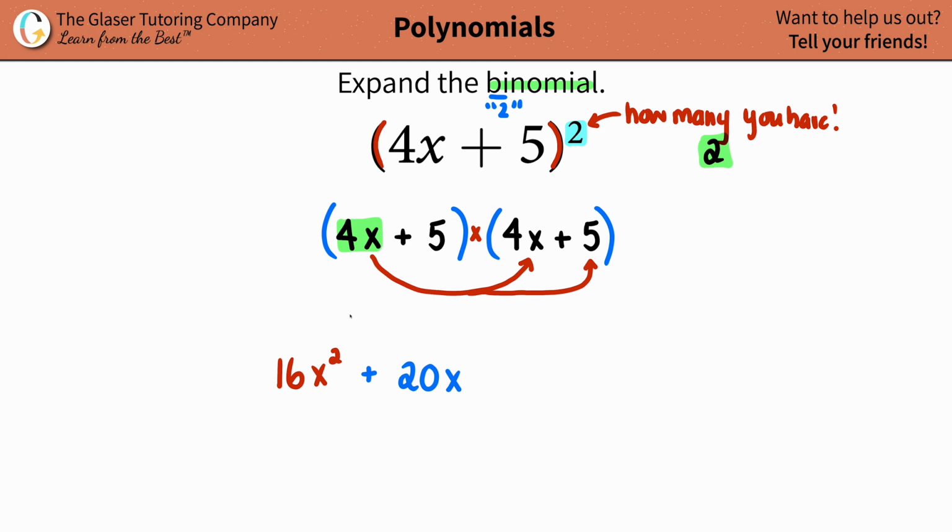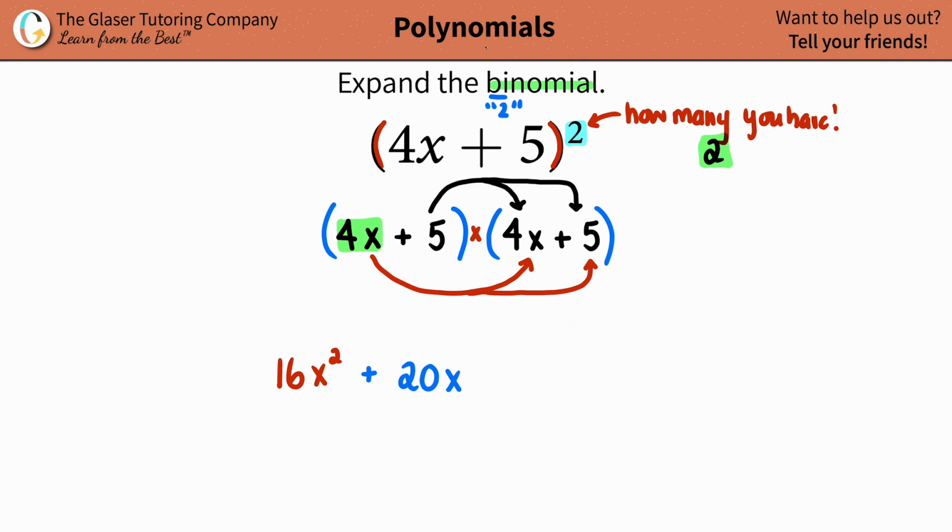Now let's work on the second term. I'm going to take this 5 value, and I must be fair. I'm going to multiply across the pond, across the parenthesis. I'm going to take that 5 and multiply it by 4x. But I've got to be fair, so I also have to multiply it by the other 5.